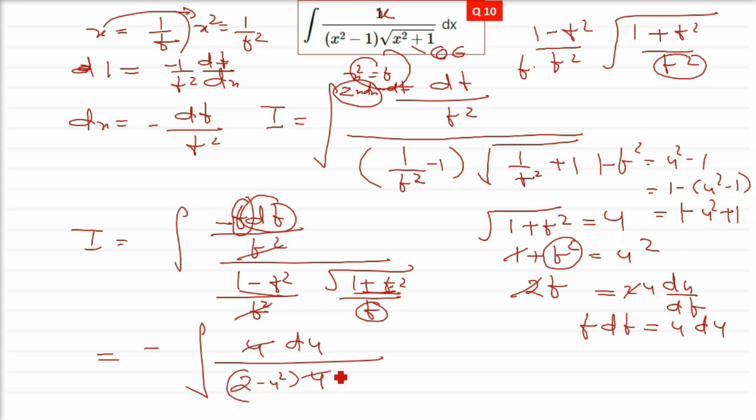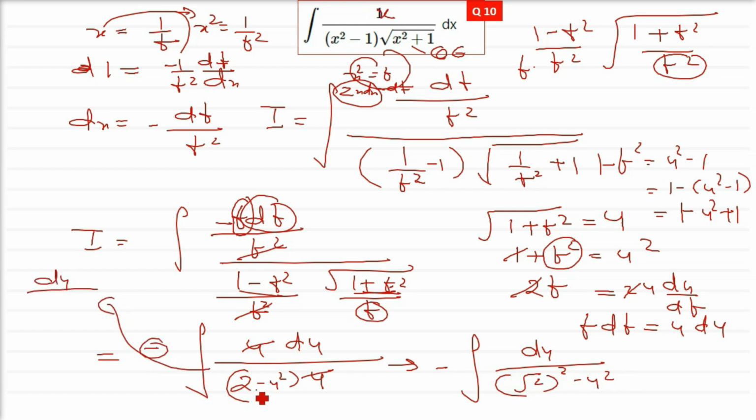Now this u in the numerator and denominator get cancelled. So we just have to use the formula of integration for du divided by 2 minus u square. 2 can be written as under root 2. So du divided by under root 2 whole square minus u square is the final result. So one more thing you could have done. This negative is already there.